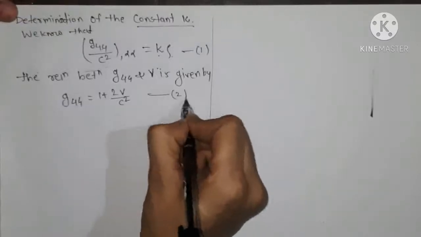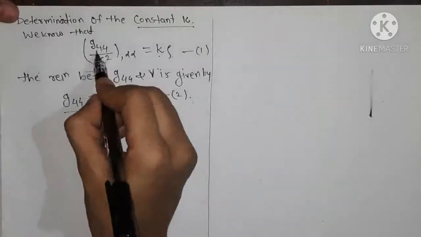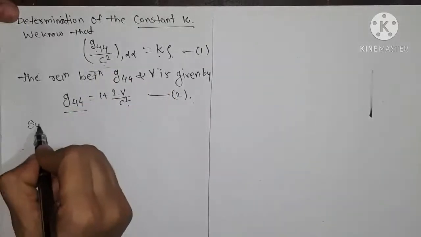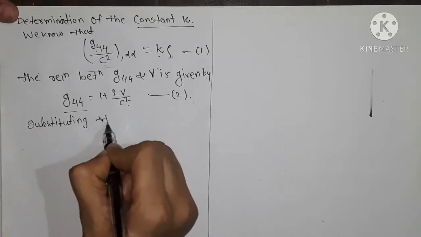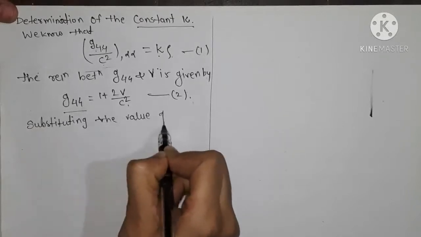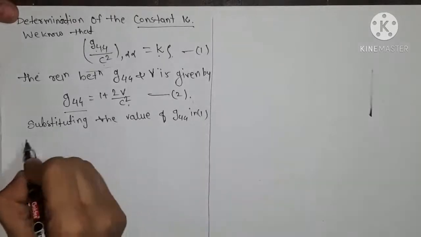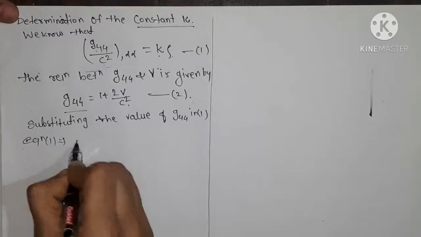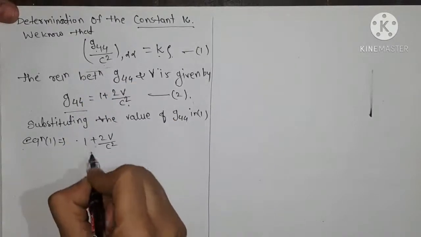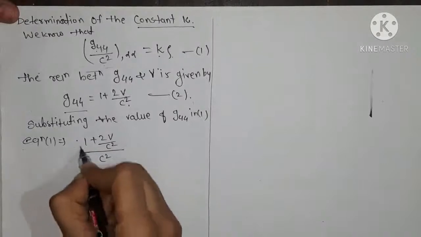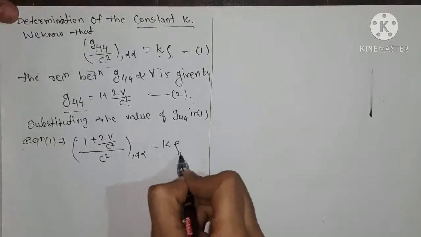We give this as equation number 2, and substituting the value of g44 from this equation into equation 1, we have 1 plus twice V upon c square, whole term divided by c square, comma alpha alpha, is equal to K, that is kappa into rho.